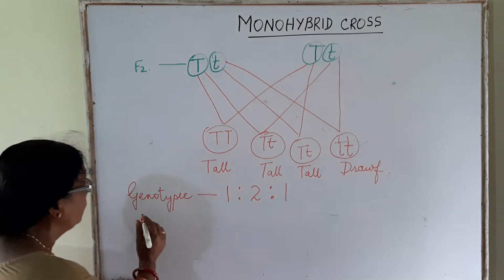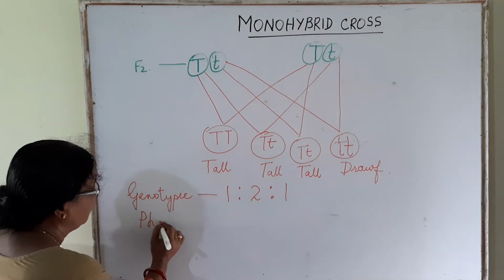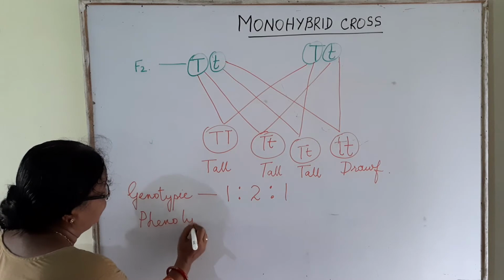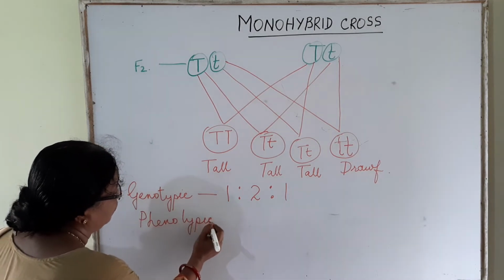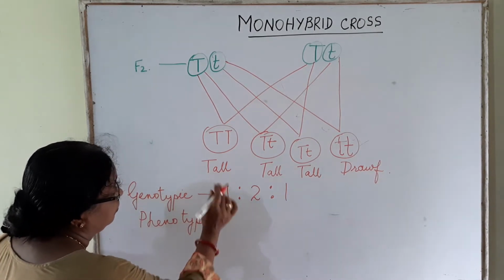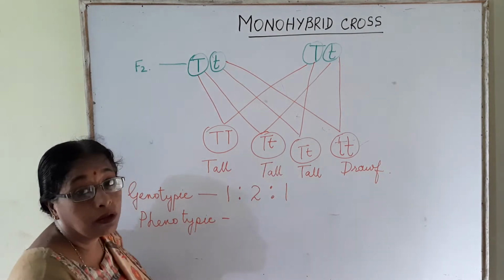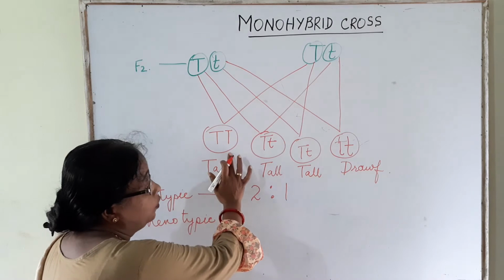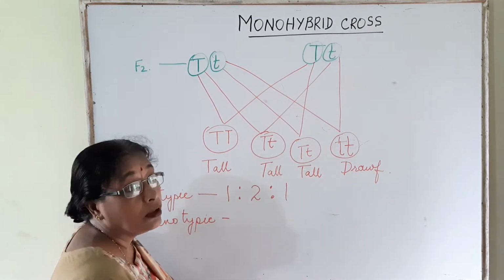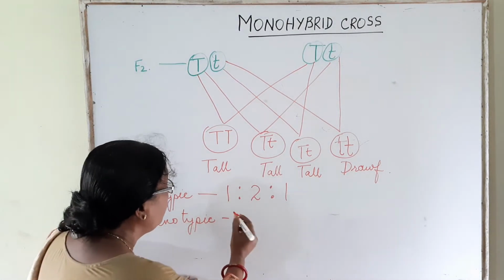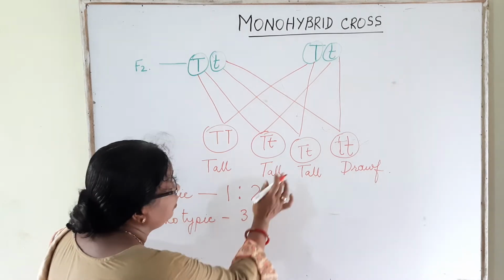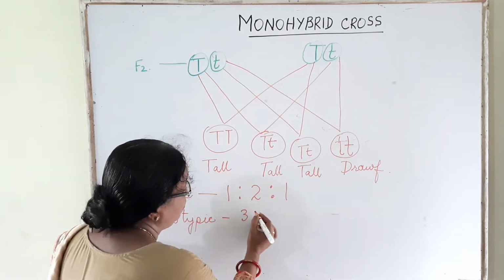Now if we find out the phenotypic ratio, what we get is, 1, 2, 3, all these are tall. This is pure tall and 2 are hybrid talls. So we get a ratio of 3 tall and 1 dwarf.